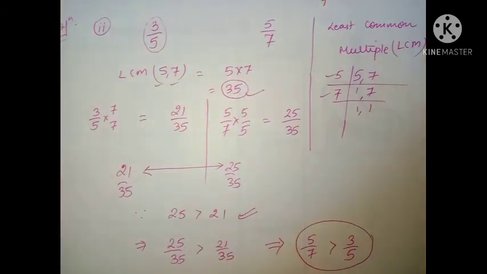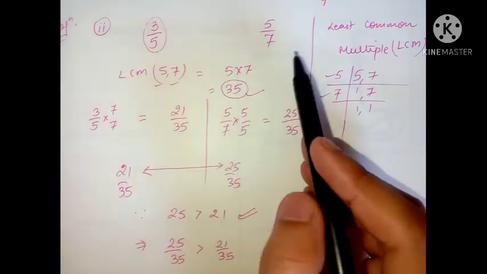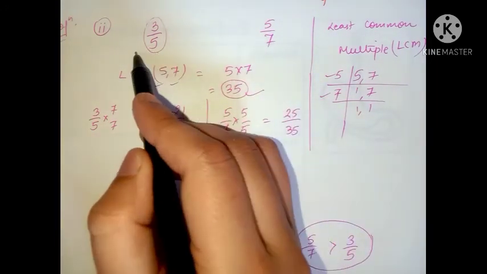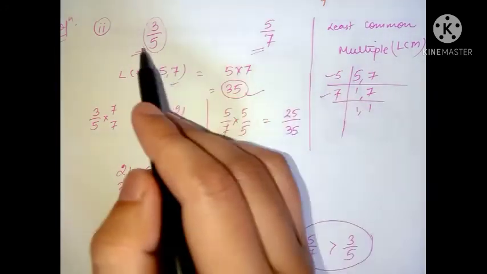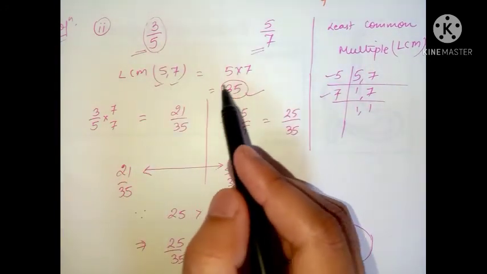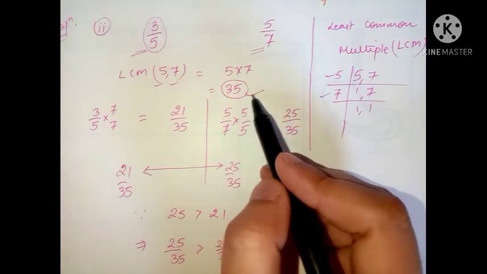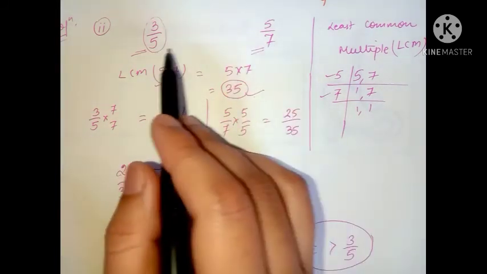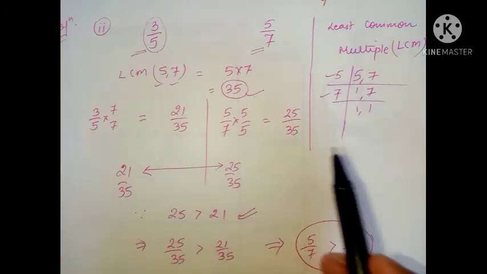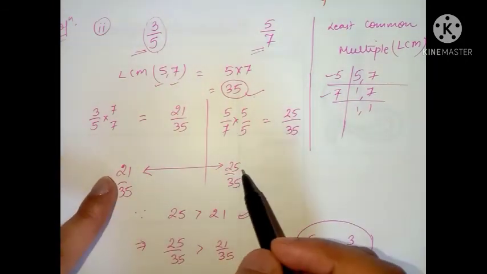Let's take a quick review. There is 3 upon 5 and 5 upon 7. There are different denominators. We need to make the denominators equal. There is 5, there is 7. We will take the LCM. Okay, so the LCM is 35. Now our task is to make the denominators of both the numbers equal so that we can compare them on the basis of numerator.